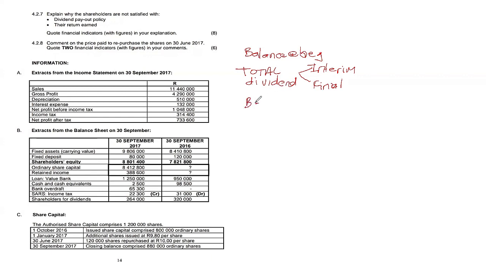Then now you would close your dividends paid with balance at the end, right? So now remember, dividend is an amount paid to shareholders. So when you calculate dividends paid, you need to check your shareholders for dividends. So 2016 September, our shareholders for dividends at the beginning amounted to 320,000.